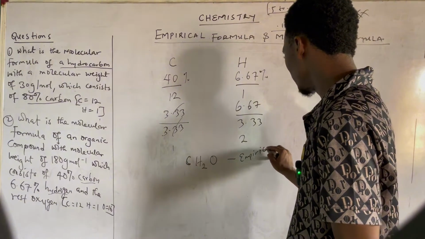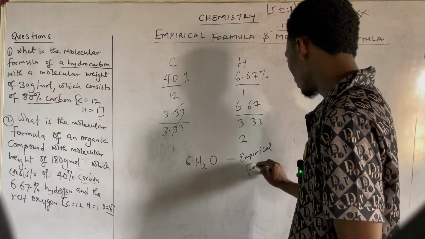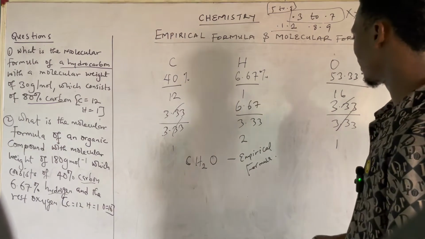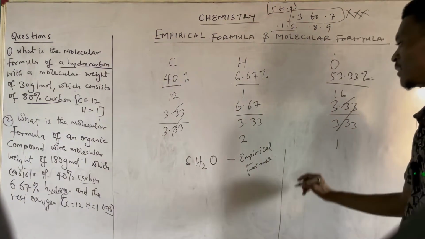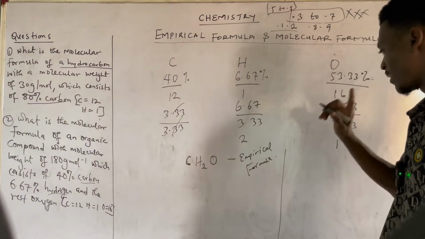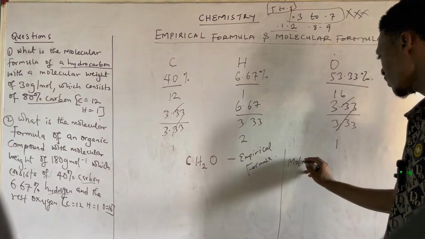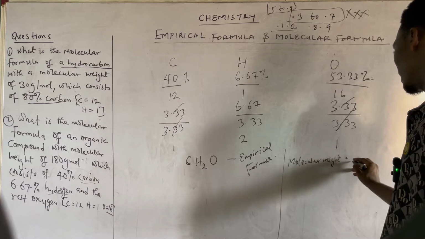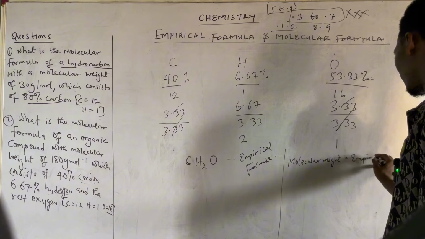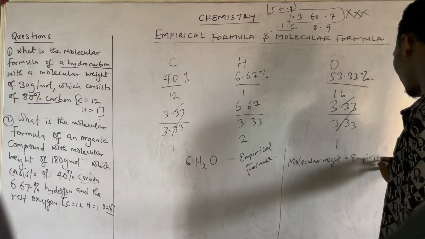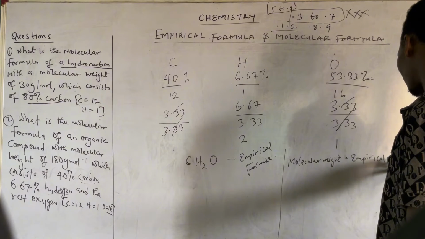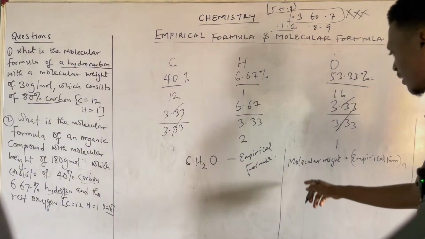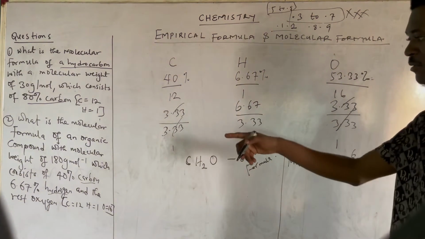But were we told to get the empirical formula? No. What were we told to get? We were told to get the molecular formula. And to arrive at the molecular formula, remember that the molecular weight, or molecular mass, is given by the empirical formula multiplied by n. So what's the molecular weight of that compound?